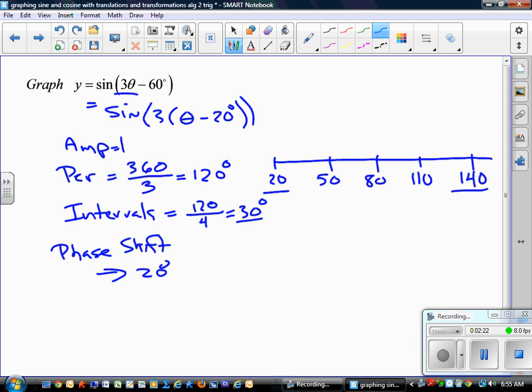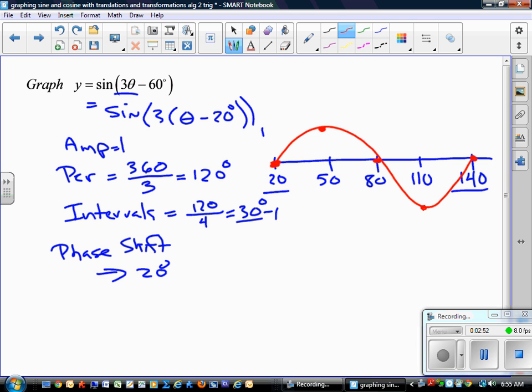I know my amplitude is 1, so I'm going to go up 1 and down to -1, and I'm going to graph a regular sine function. So in graphing that regular sine function, we just start at 0, move up to 1, back to 0, down to -1, and back up.